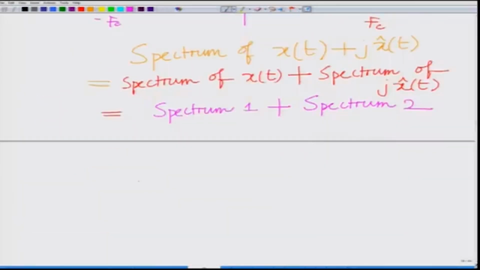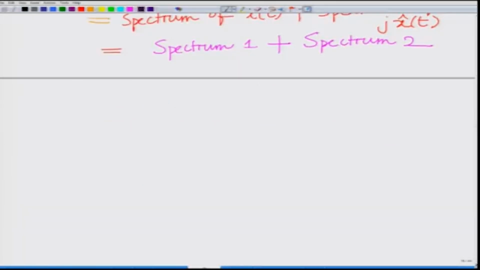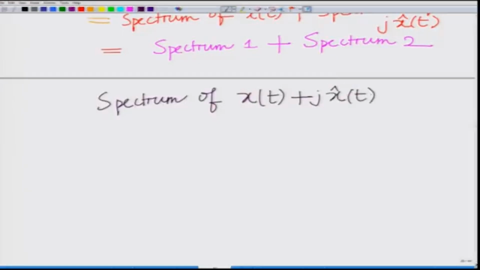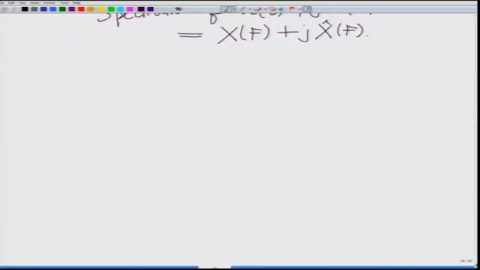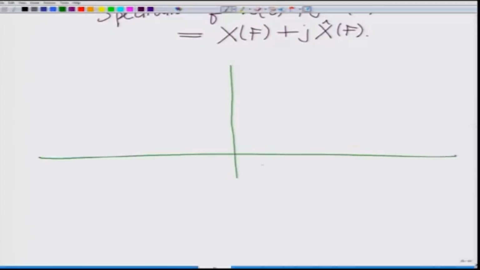And therefore, the spectrum of x(t) plus j x hat(t) equals X(f) plus j X hat(f), and we already found these, X(f) and j X hat(f).